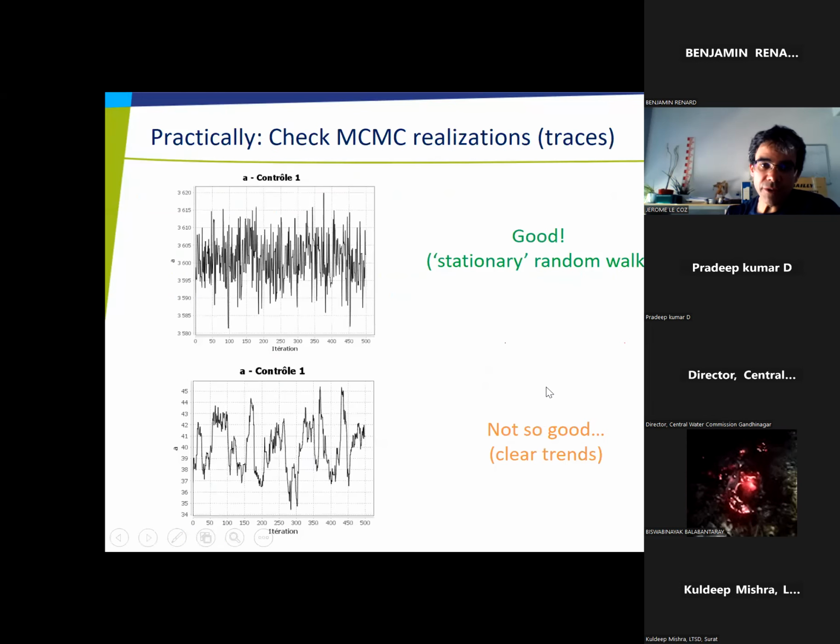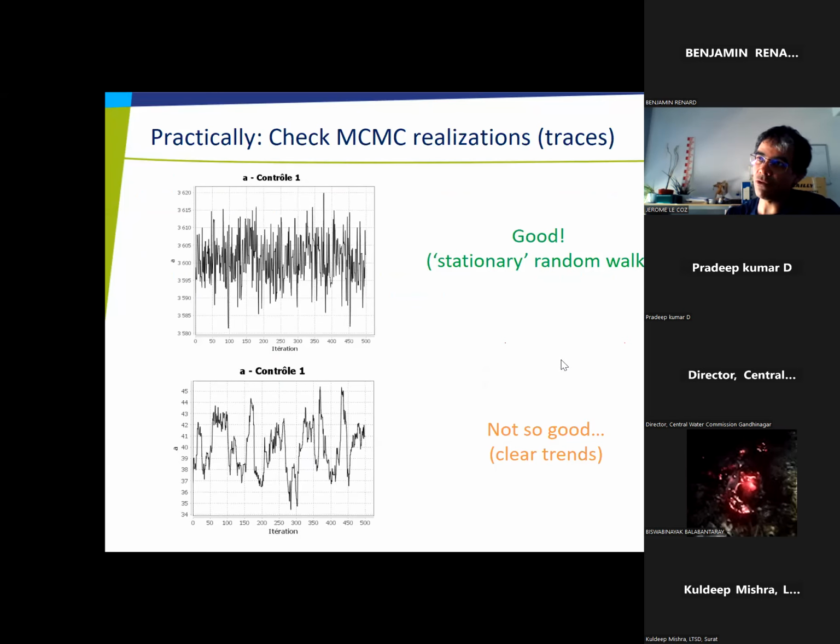Okay, some tricks and tips before we jump to the software. In practice, in the software, you can check some criteria in the results. First, you can check the MCMC traces or samples or realizations of the parameter values.